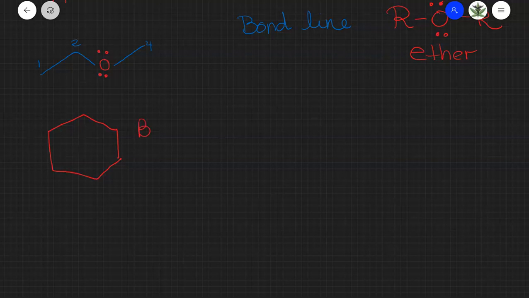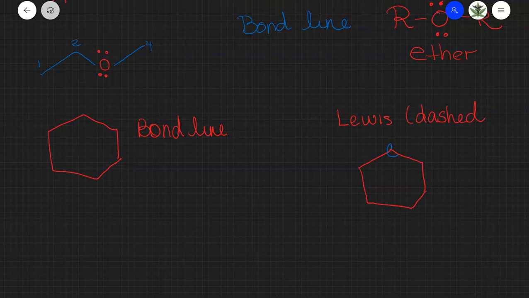So this represents the bond line formula. So if I wanted to draw the Lewis structure, which is the same as the dashed, I would keep my 6-membered ring.